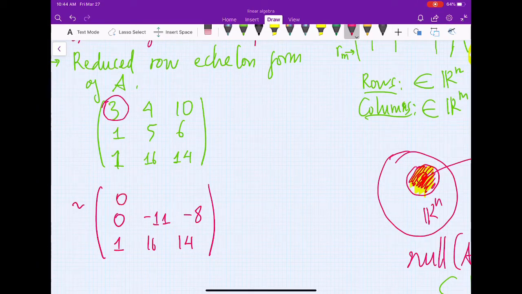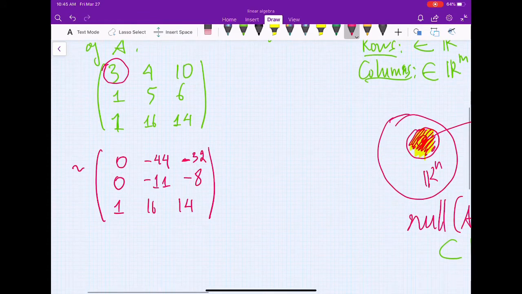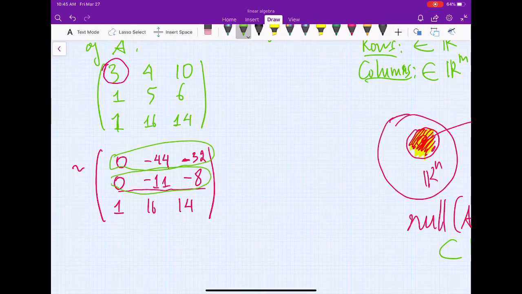I get 0 here. -3 times 16 is -48, plus 4 is -44. And then -3 times 14 is -42, and -42 plus 10 is -32. You can see that the second row and the first row are just scalar multiples.